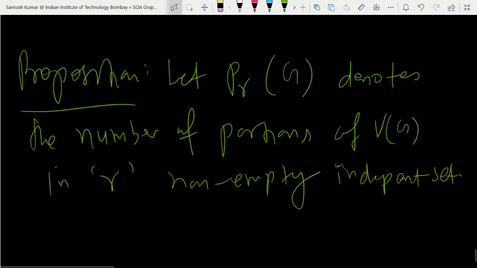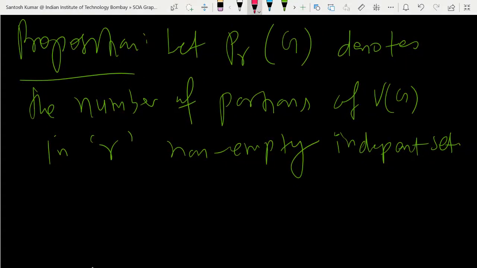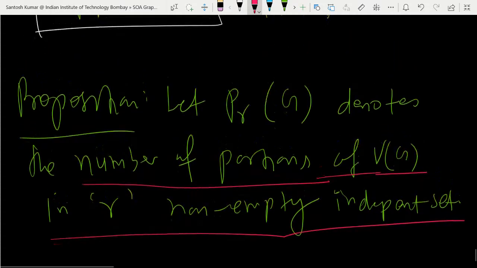So the meaning of Pr(G) is the number of partitions of the vertex set into r non-empty independent sets. So for example, if I write P2(G), it means you have to see how many partitions there are of the vertex set into two independent sets.